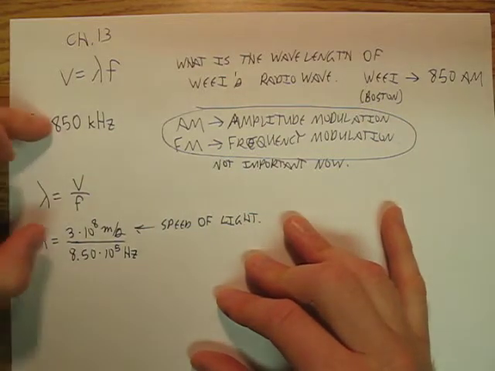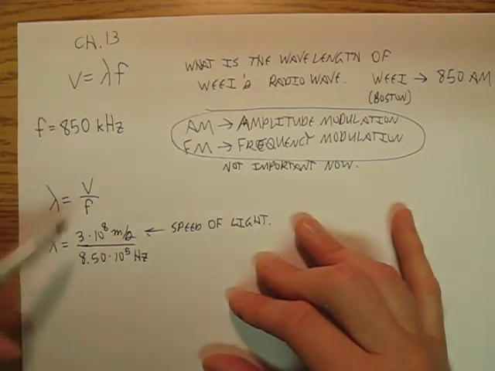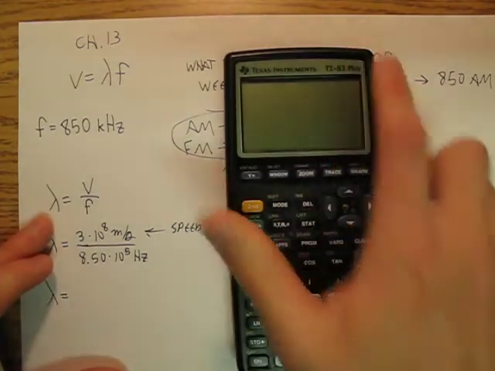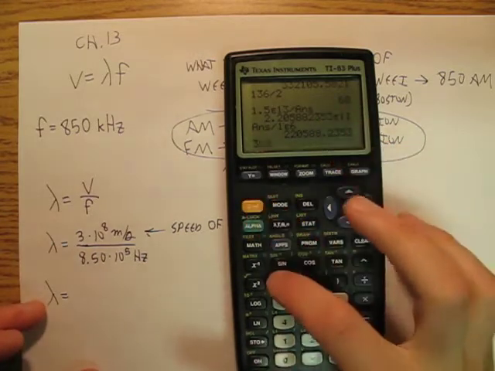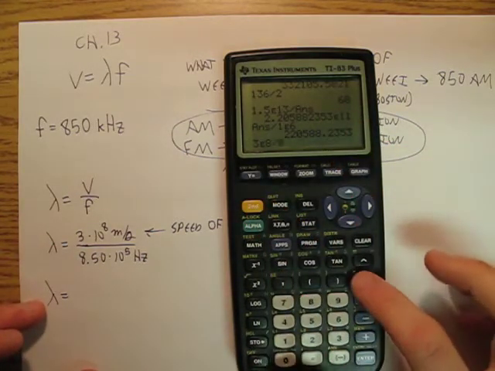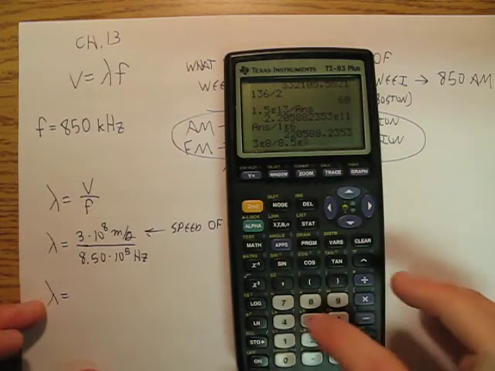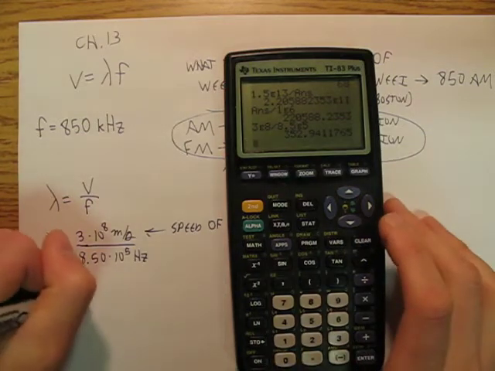Think about how I got from there to there. It's very important that you understand for yourself how I got from that number to what I just wrote there. So my wavelength is going to be 3 times 10 to the 8th divided by 8.5 times 10 to the 5th, which is 353 meters.